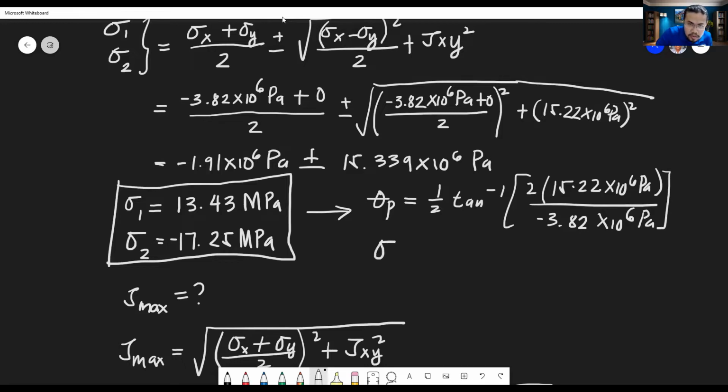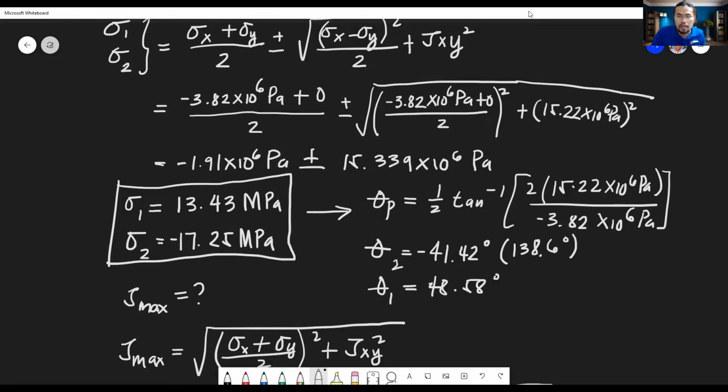And this will result to negative 41.42 degrees, or 138.6 degrees. Again, the direction is just indicated by the negative sign. So this is the second. The first will be 48.58 degrees.